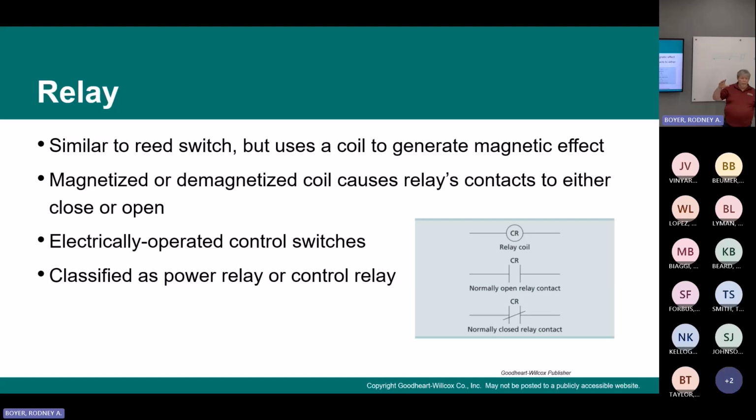If they are normally open, they will close. If they are normally closed, they will open, because they change states when you energize the coil. As it shows on there, the coil and the contacts are electrically isolated from each other. They're physically connected, but they're electrically isolated from each other.